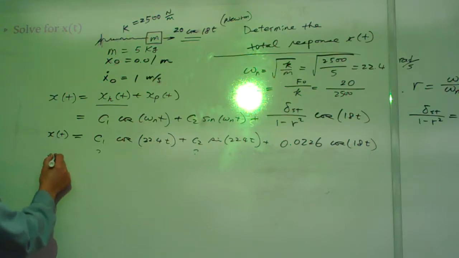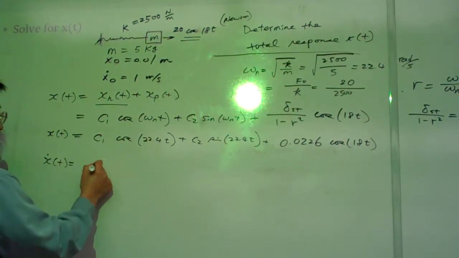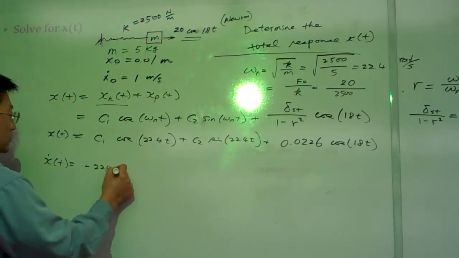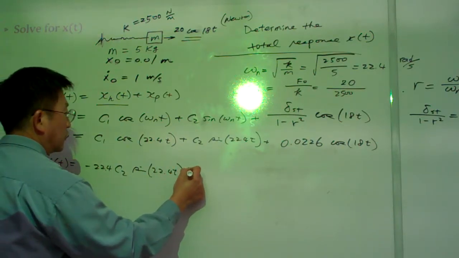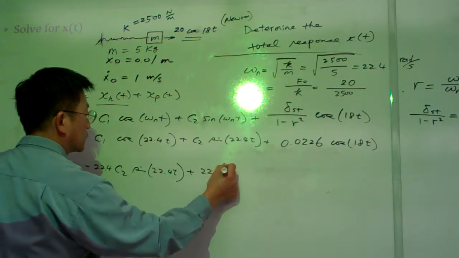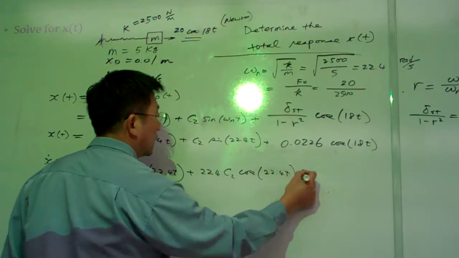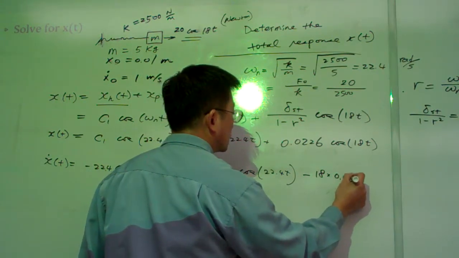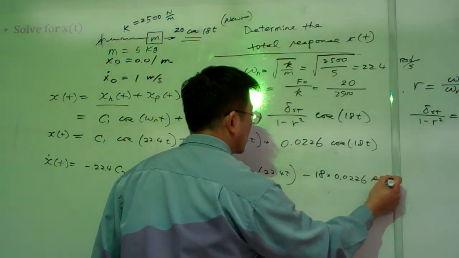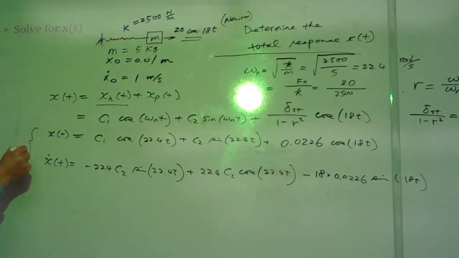So here we take the derivative of x(t) from this term, so that will be minus 22.4 C1 sine 22.4t plus 22.4 C2 cosine 22.4t, and this one is minus 18 times 0.0226 sine 18t.